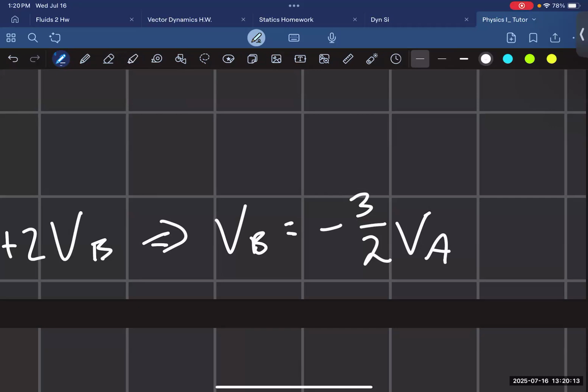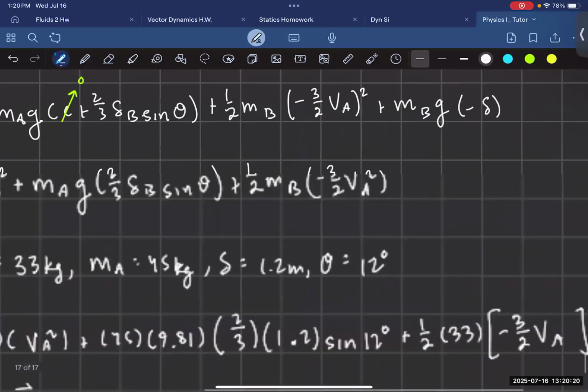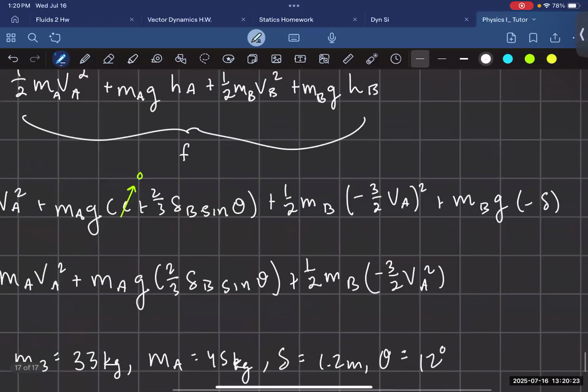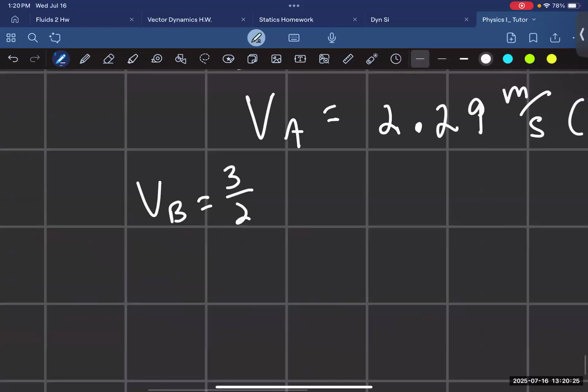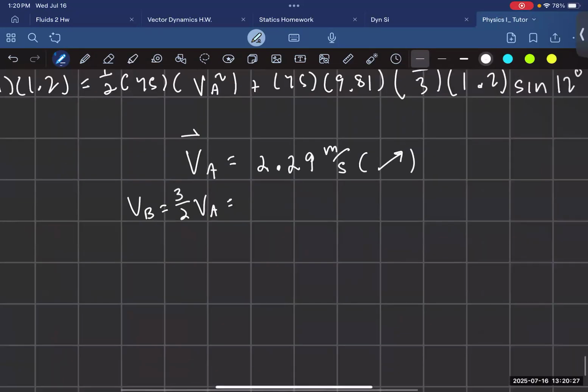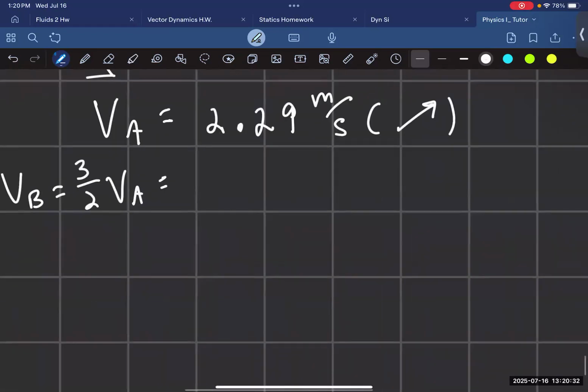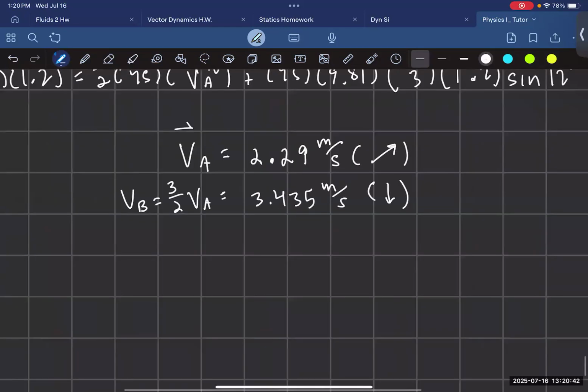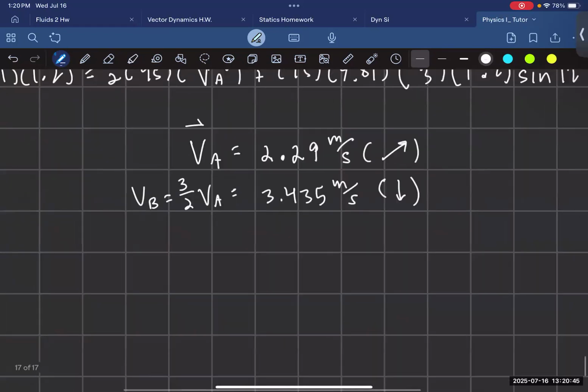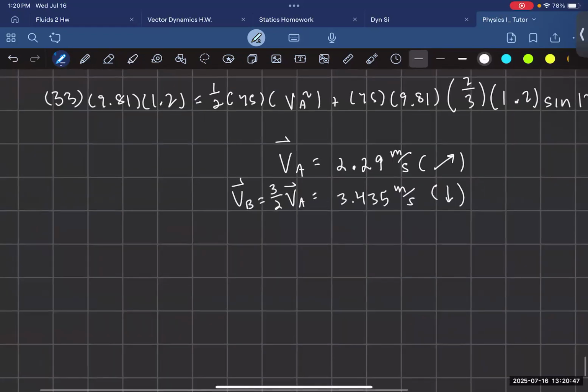Since we know that B is going to go down anyway, we can ignore the negative sign and just do 3/2 VA, which is equal to 1.5 times 2.29, which is 3.435 meters per second, and this is going downwards. So that is our answer.